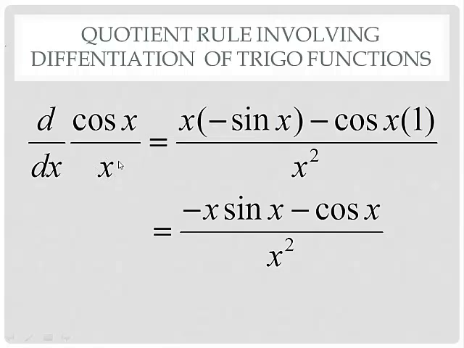The bottom, the denominator, square, then we copy denominator, differentiate numerator, in which we get minus sine x, then we minus, copy numerator, differentiate the denominator, in which you get 1. So simplifying the terms, you get minus x sine x minus cos x, over x squared.